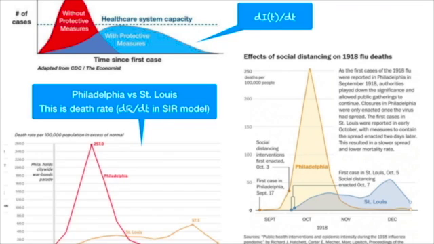And there's a really interesting historical example: Philadelphia versus St. Louis. In Philadelphia, they just didn't do anything initially. Philadelphia even had a citywide war bond parade, and people just got together a lot. After that, as you can see, there's a sharp rise of the incidence of death. Notice that we're talking about the death rate, not the number of infectives.